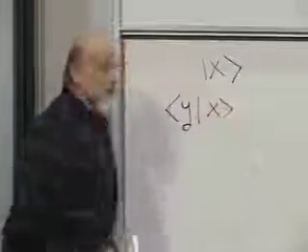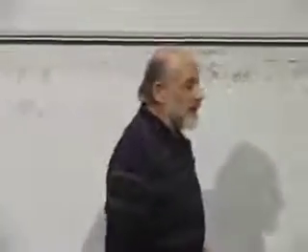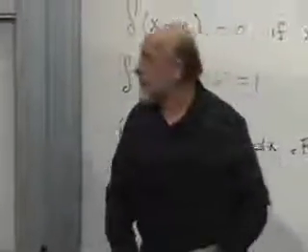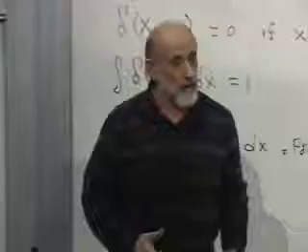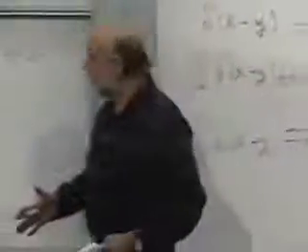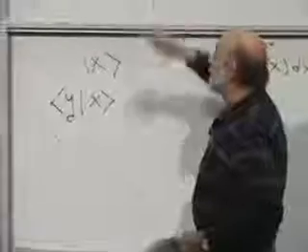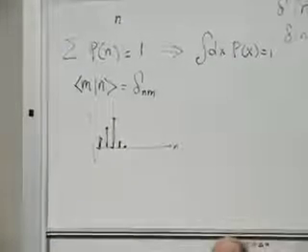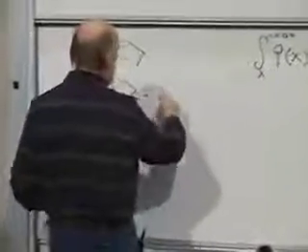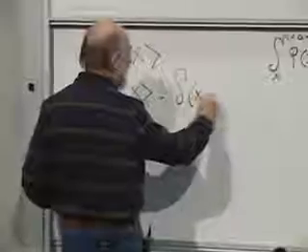The answer is they're orthogonal if x is not equal to y. That's the basic rule that if two configurations are measurably different, then the inner product should be 0. It's the analog of delta mn equals 0 if n is not equal to m. But if x is equal to y, it shouldn't be 0. The natural analog is to set it equal to delta of x minus y.